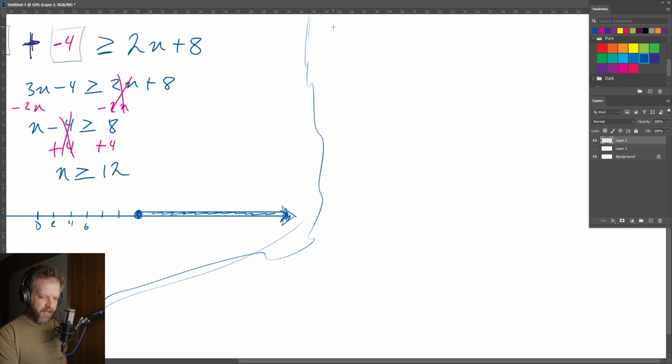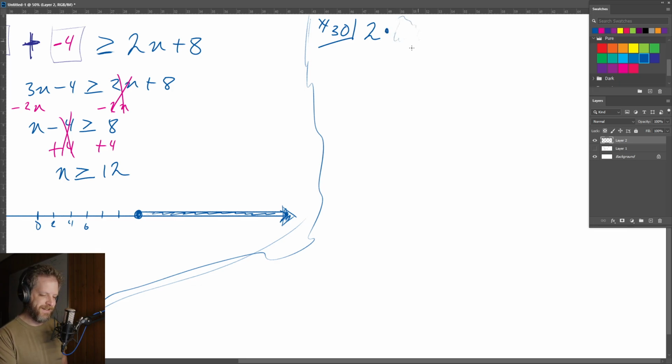So 30. See if I can read the correct one this time. Twice a number is more than the sum of that number and 9. So how are we going to do this one? So 2 times a number.